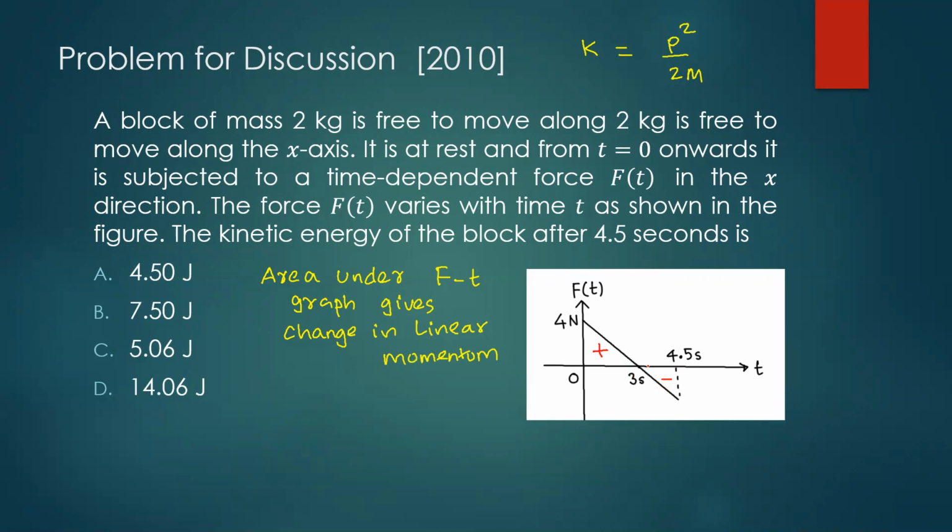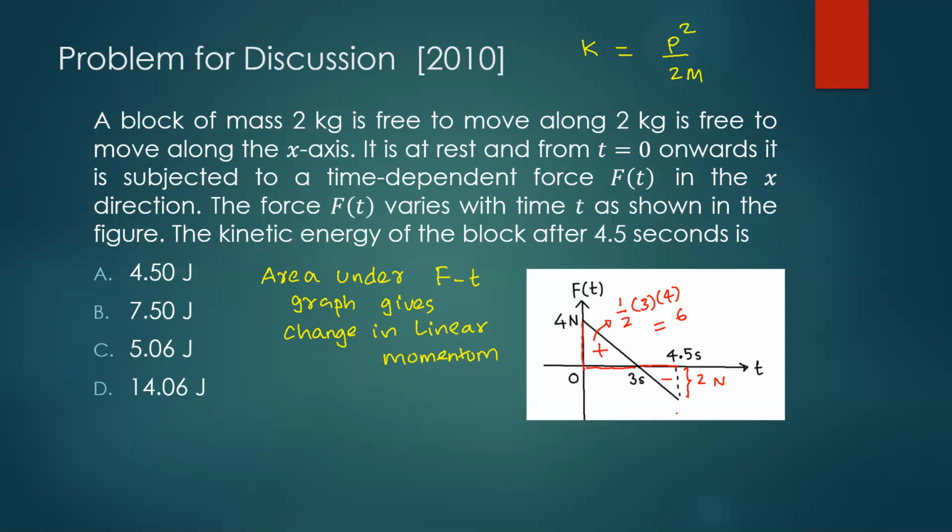Now, this is 1.5 seconds and this is 3 seconds. If I use similar triangles, this is 4 newtons, so this will be 2 newtons. Now, the positive area, using half base into height: half base is 3 seconds and height is 4, so the linear momentum increases by 6 units.